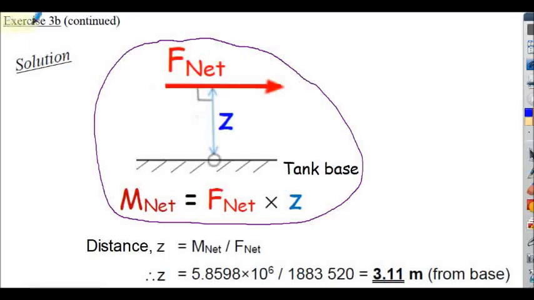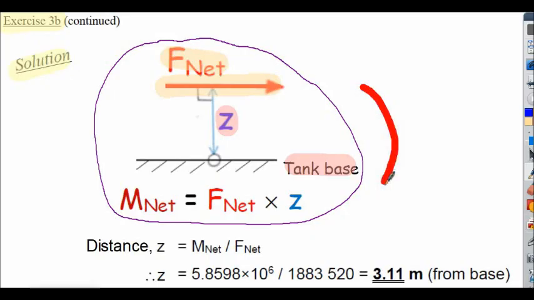So exercise 3b, solution continued. Just included this diagram here to try and illustrate the previous calculation. We have the net force, shown here, is from left to right from our calculations. It's some height z above the tank base. So the force times its perpendicular distance about the tank base generates a clockwise moment, which is calculated from the formula M net.